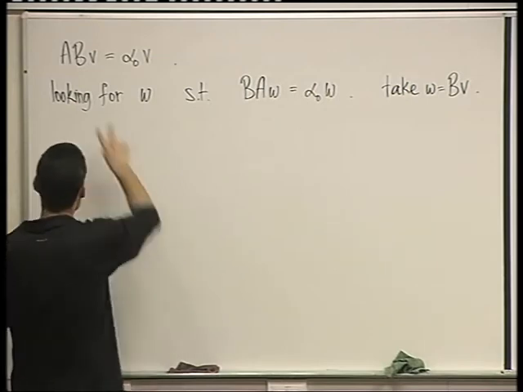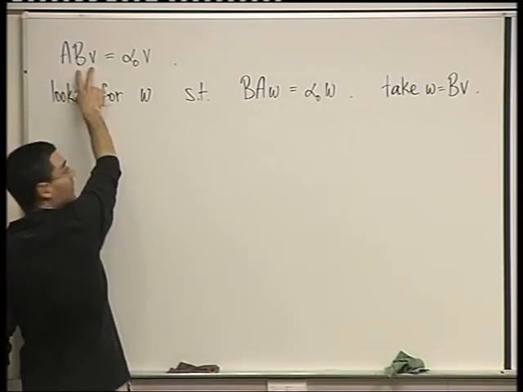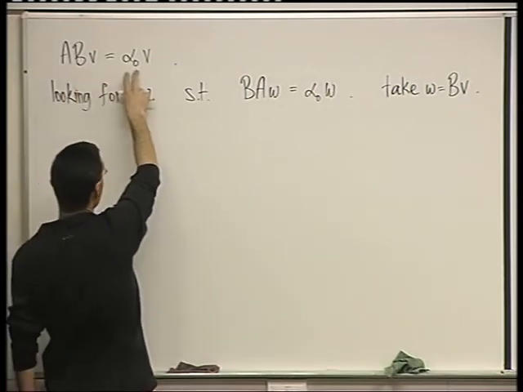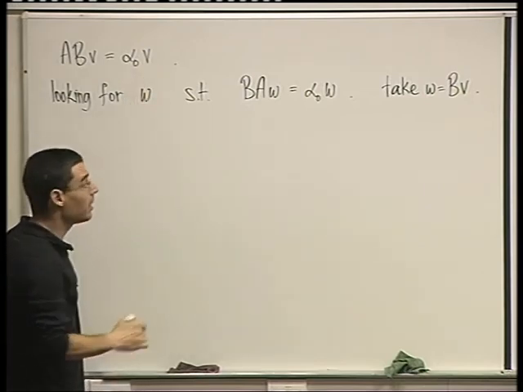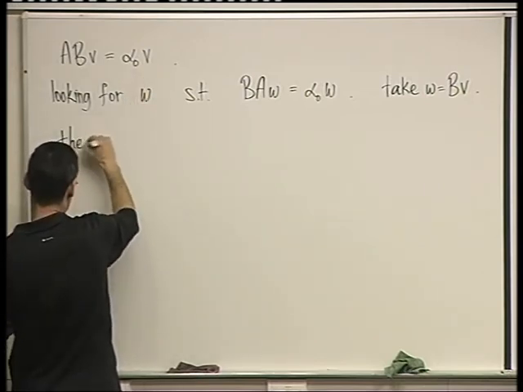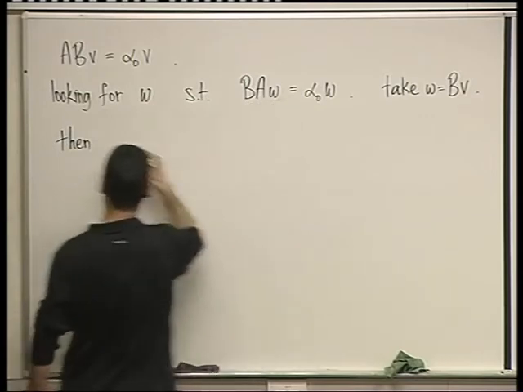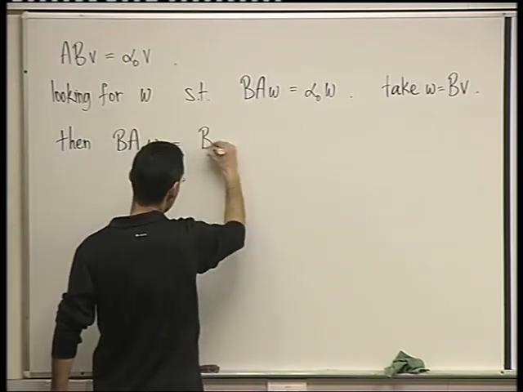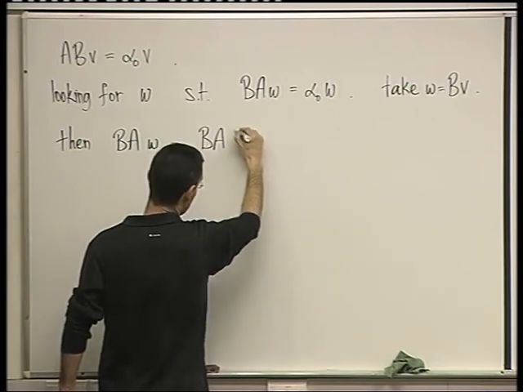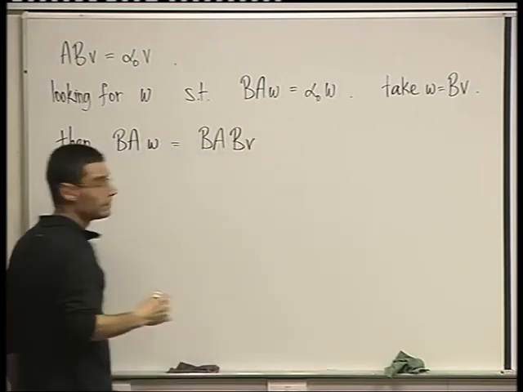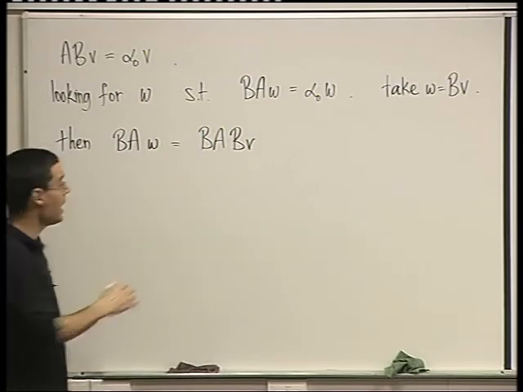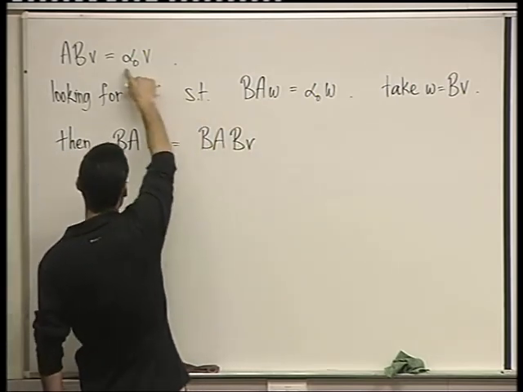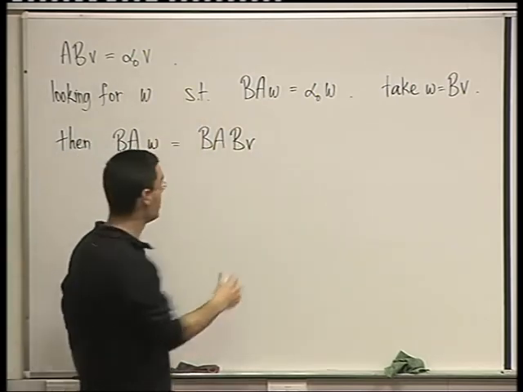Why? Because A times B times V is alpha 0 times V, right? Then, what is BAW? It's BA BV, right? ABV is alpha 0 V, right?